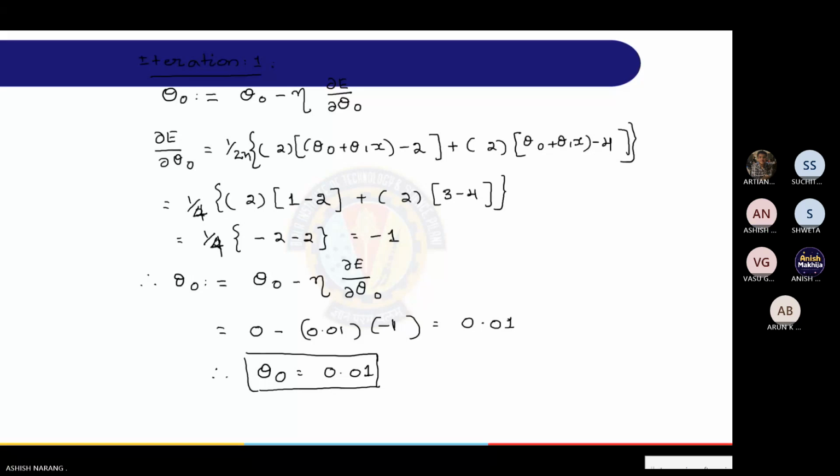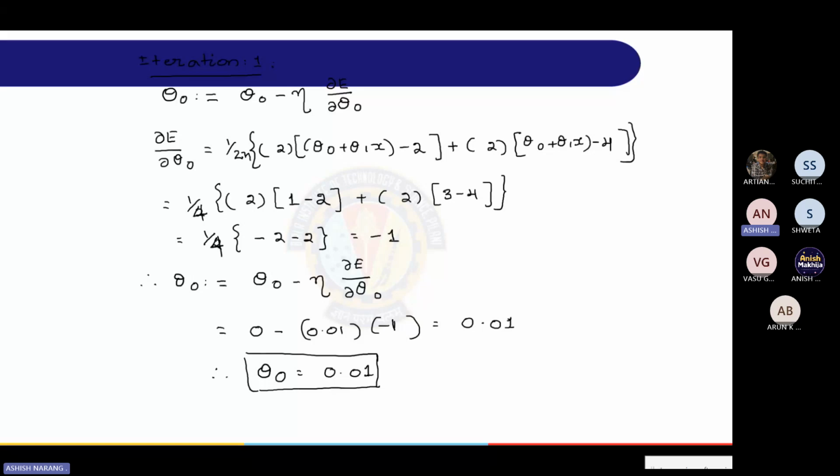What is the final result? So this bracket will come as minus 1.9, and after dividing it by 2, it will be minus 0.95.